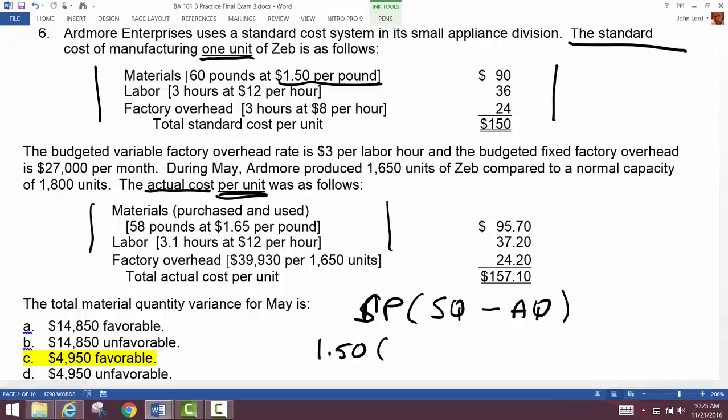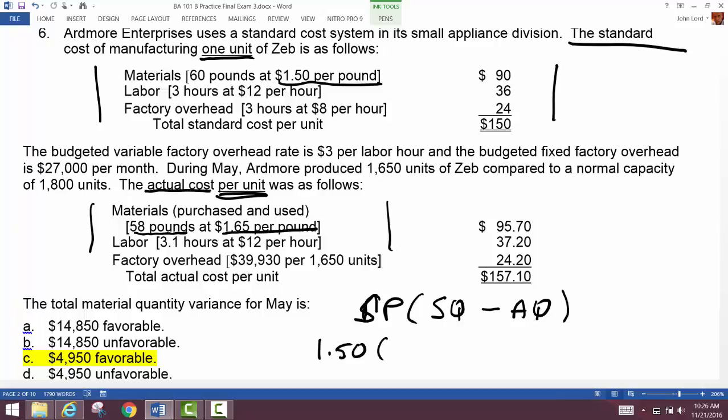Now, to get actual quantity, they tell me they used 58 pounds at $1.65 per pound. This one's a little bit backwards, in that usually they give me the total and I have to turn it into a per unit. Here they've given me the per unit.